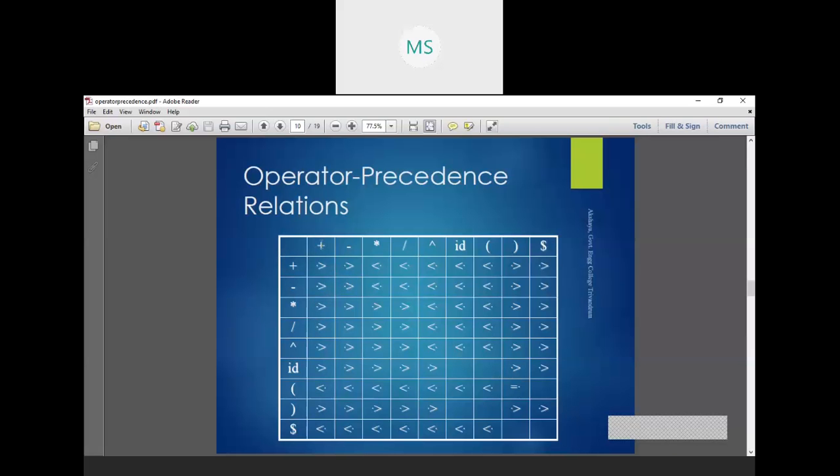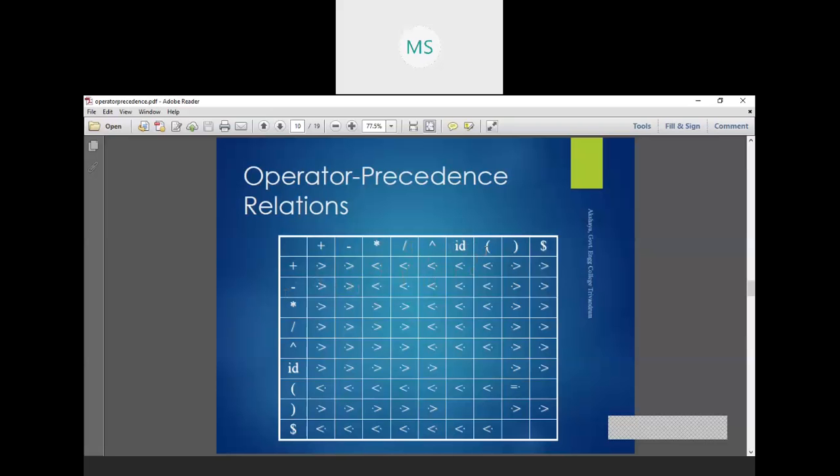Plus and plus, both are left associative, put left. Plus and minus, both have the same associativity, apply left associative. Plus and star, I will put left because star has the highest precedence. Plus and division, division has the highest precedence. Plus and exponential, exponential has the highest precedence. Plus and ID, ID has the highest precedence.